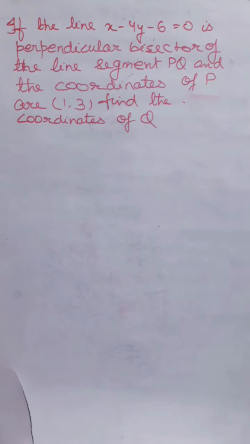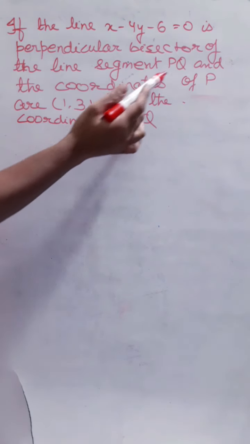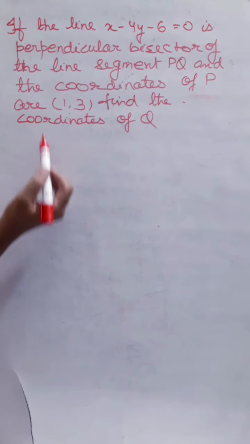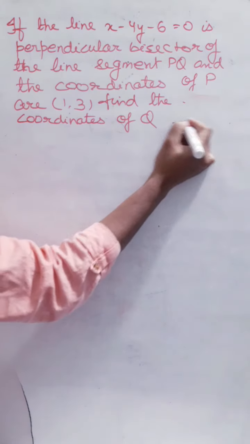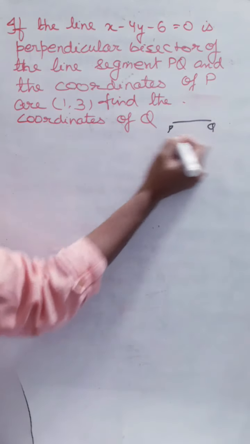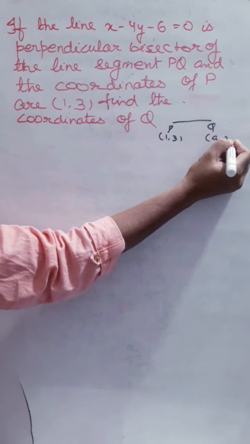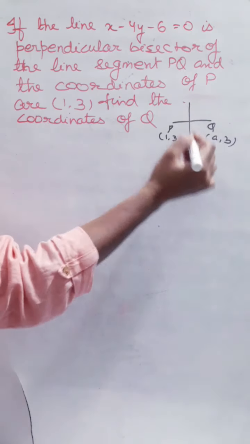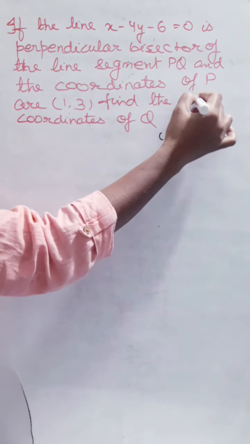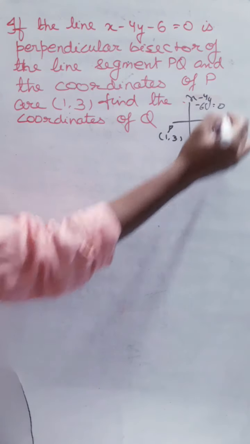We have the question here: if the line x - 4y - 6 = 0 is the perpendicular bisector of the line segment PQ and the coordinate of P is given as (1, 3), we need to find the coordinate of Q. So here we have a line PQ. We can take Q as (a, b).